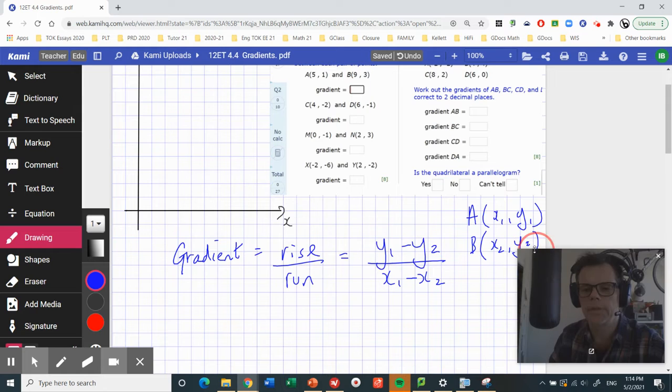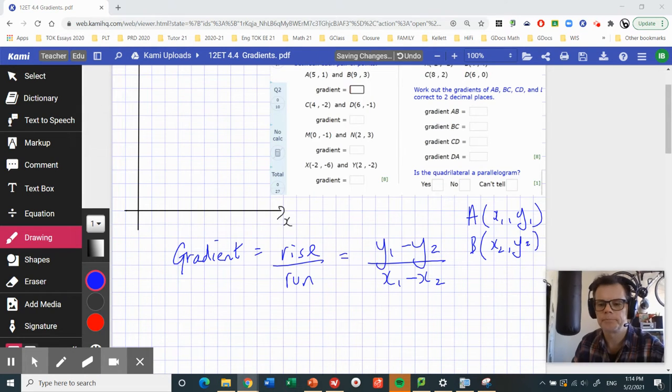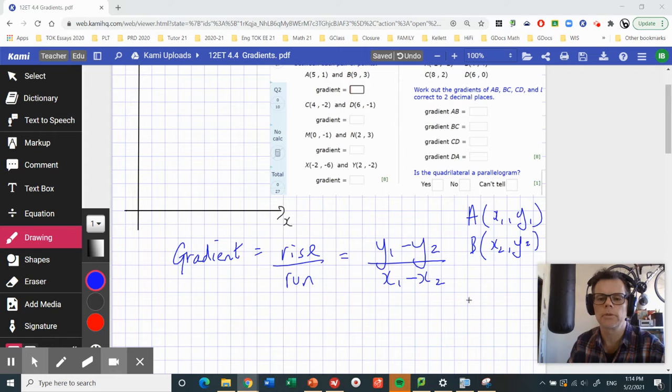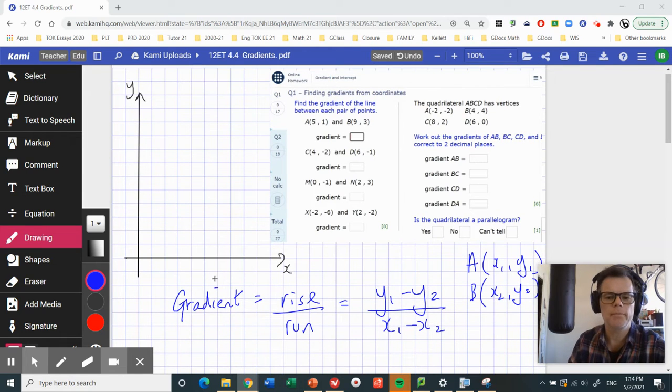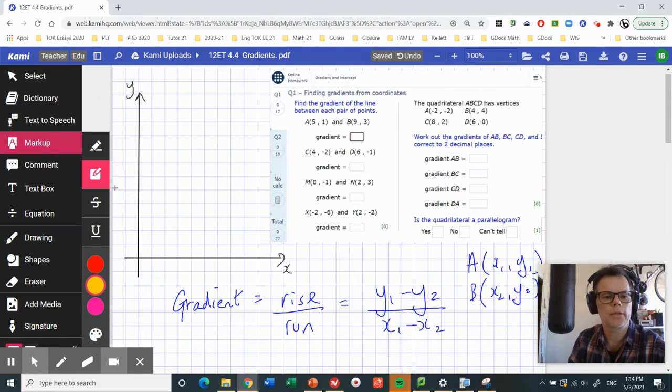So that's a mathematical formula for gradient, y1 minus y2 over x1 minus x2. That's in the formula booklet for things like IB diploma courses. So you can do it straight from the formula there, or you can think about this if you're not so confident doing that just yet. So there's the formula with these coordinates A and B.